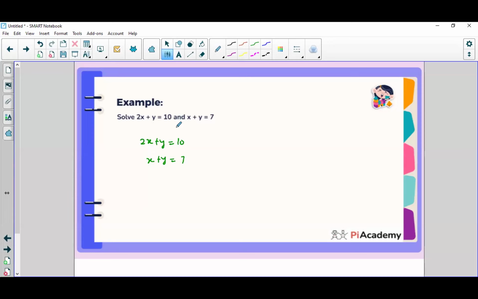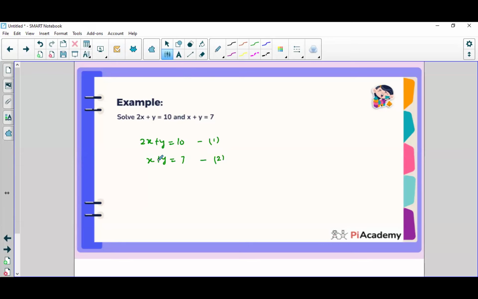So what is our first step here? To make both the coefficients equal. Whether you choose variable y or x, here I'm choosing y. We have to compare the coefficients. Call these equation number 1 and equation number 2.